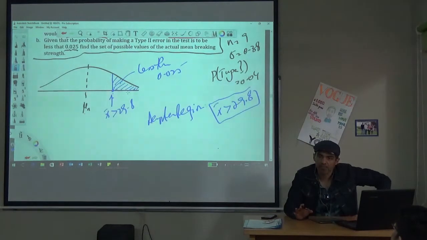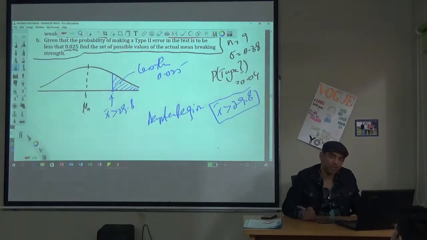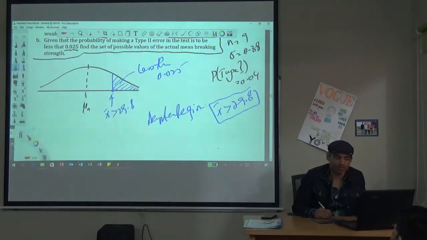Are we okay till here? Is everyone okay till here? Okay, now this value is more than 29.8. Can you calculate the actual mean? How do you go about calculating the actual mean? You say z value here is x minus mu upon sigma upon square root of n.